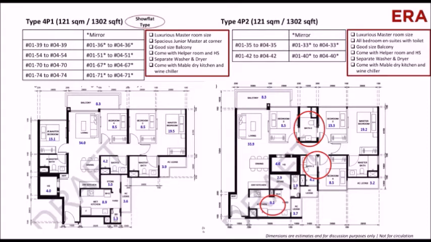So when you go into the show flat, you see the high ceiling and all. This is our show flat type. So once you enter the entrance, you realize that you have a very high ceiling down here. Another difference for the 4 bedrooms is that the 4 bedrooms have everything.